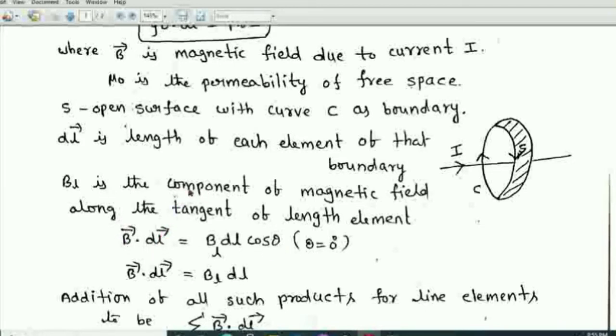That means the magnetic field and the length element are both in the same direction, so theta is equal to 0. Then cos 0 becomes 1, and B bar dot dl bar can be taken as BL into dl.